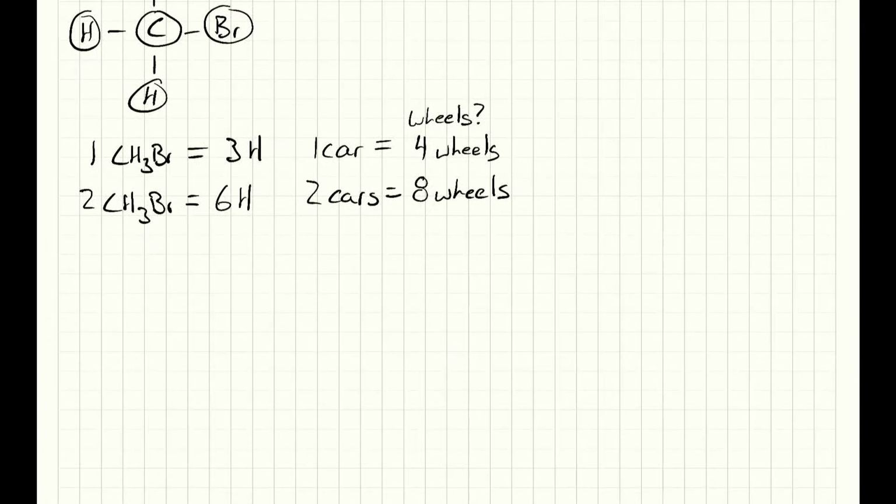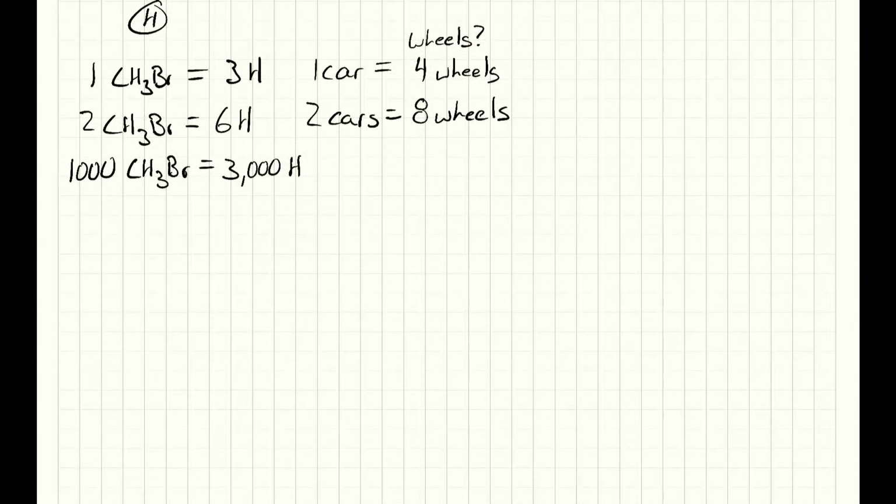So let's scale this up even farther now. What if we had 1,000 methyl bromide molecules? How many hydrogen atoms do we have? Again, you can just take 1,000, multiply it by our number of hydrogens, which is 3, and we have 3,000 hydrogen atoms. So let's go now to the scale that we're working at.